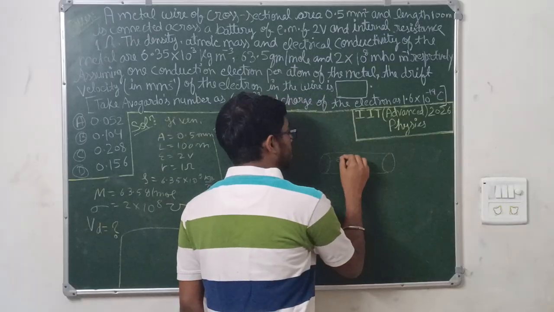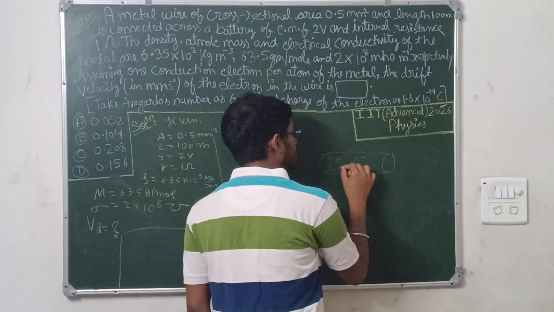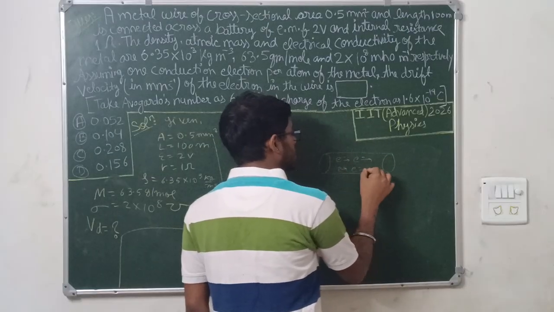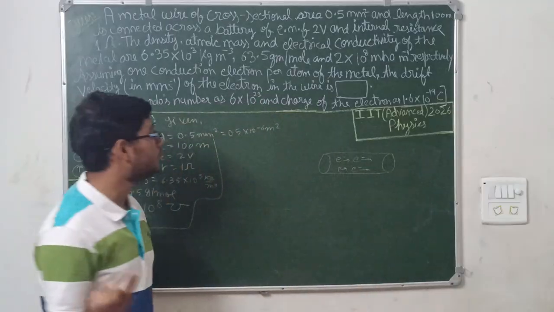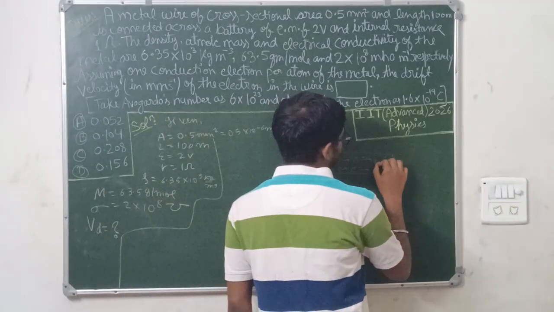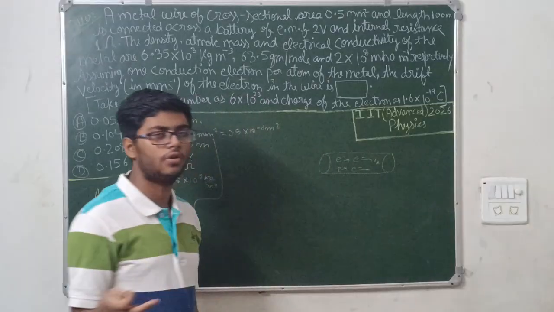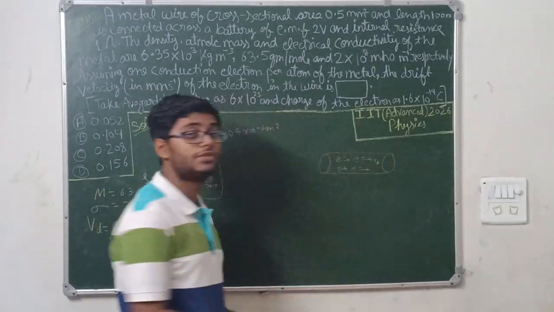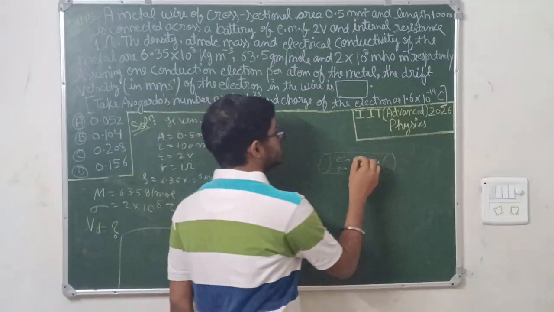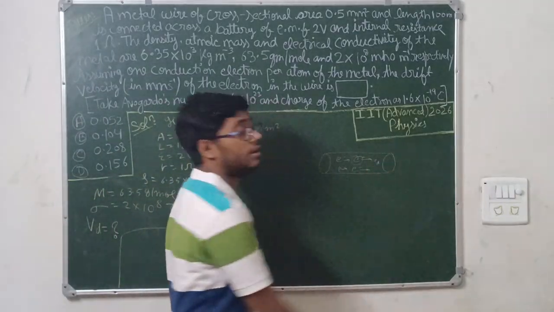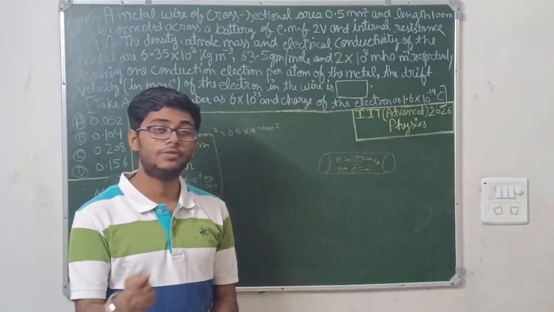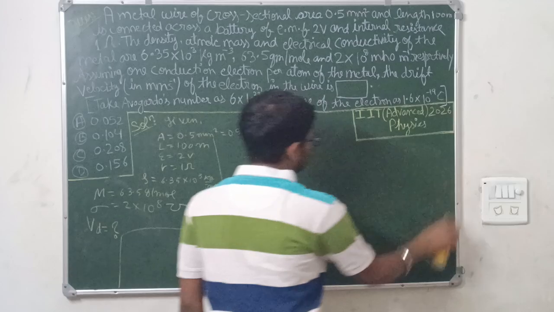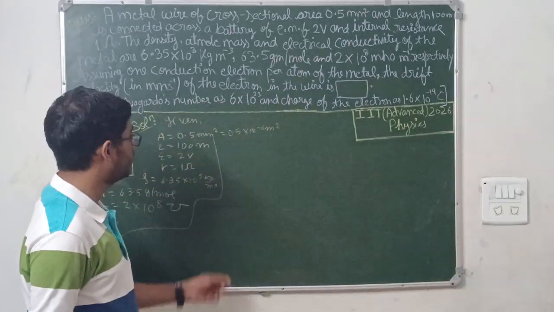That speed is called drift velocity. Getting my point? By how much velocity these electrons can travel inside the wire, that velocity is termed as drift velocity. So this is the basic definition. Now we have to find the drift velocity value here.